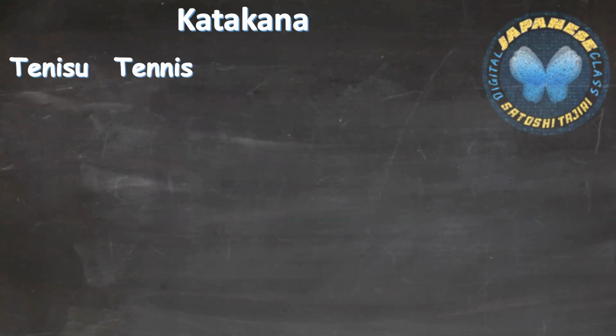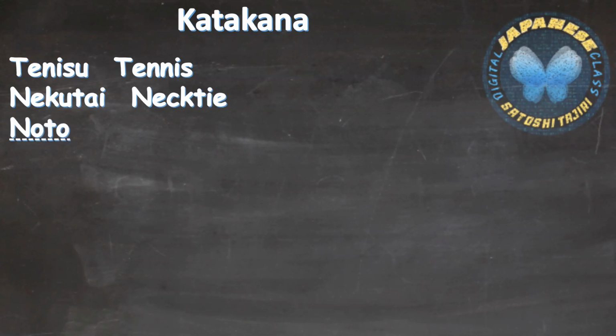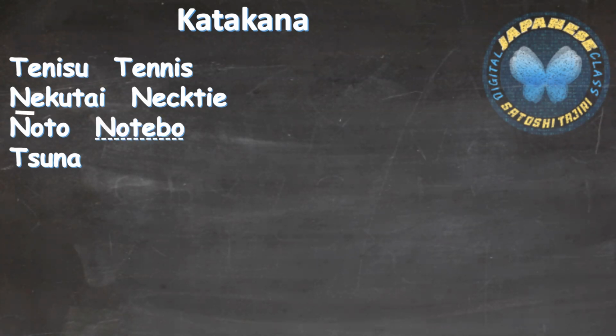And let's have our nekutai, necktie. Then we have our nōto, so let's just put a dash on top, nōto, notebook. Then follow here with our tsuna, tuna.